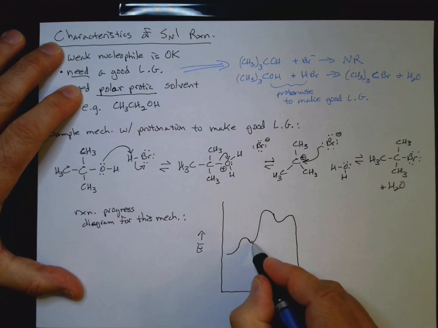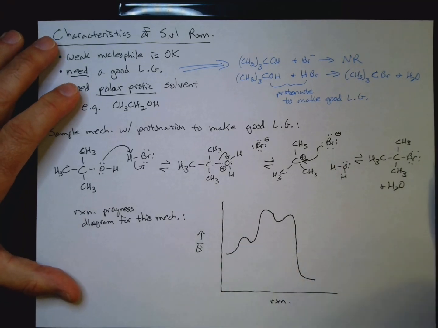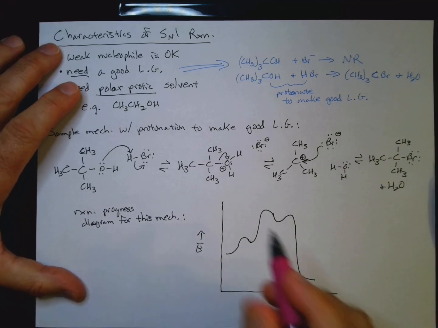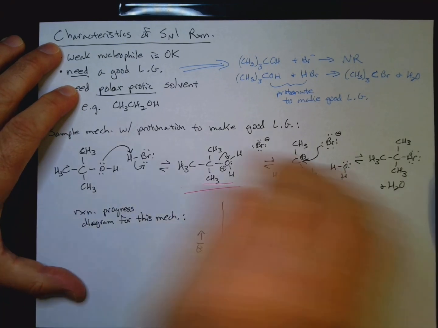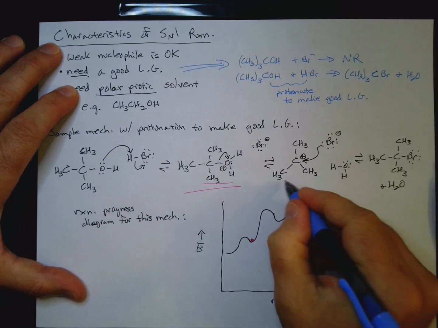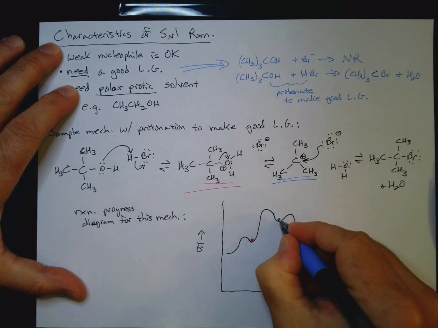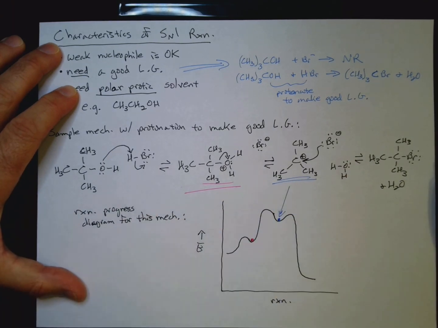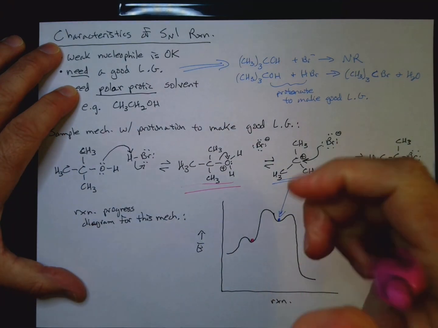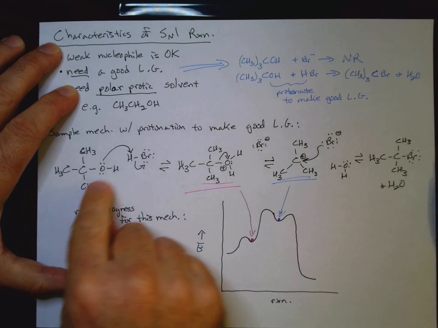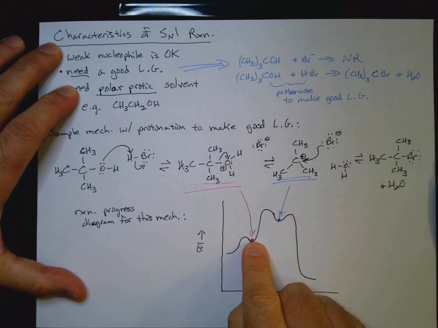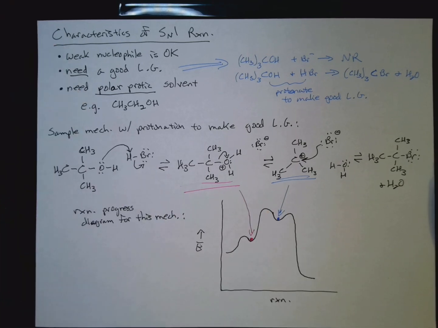So this is my protonated species here, and in fact maybe I'll color code these. So this guy here is in there, and then my carbocation is that species there. Sorry about that. So we go starting materials, reactants, first intermediate, second intermediate, product. So we've added a step.